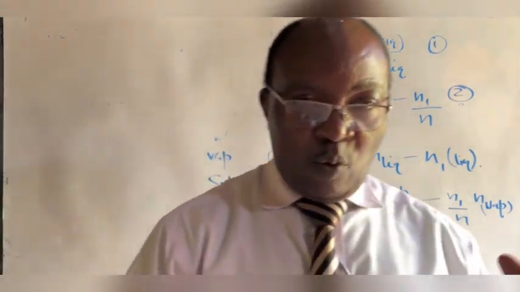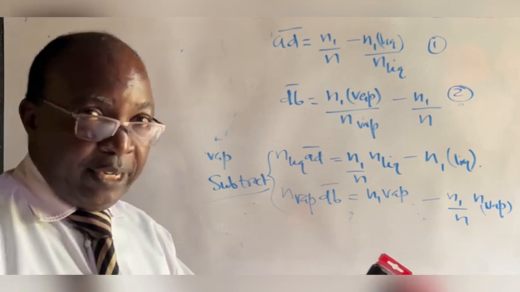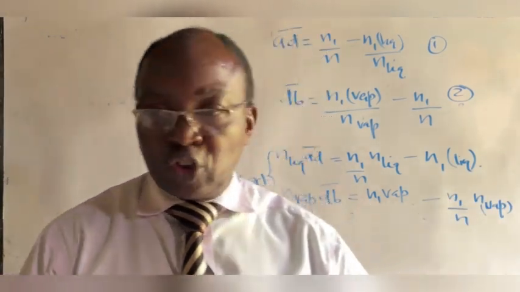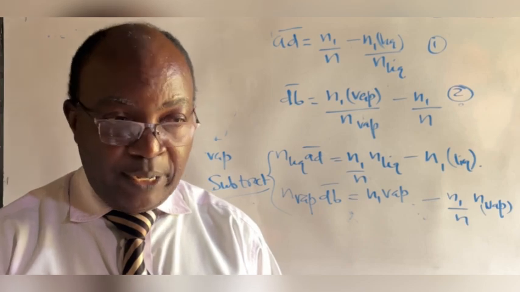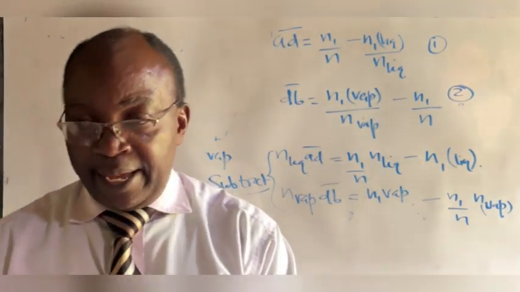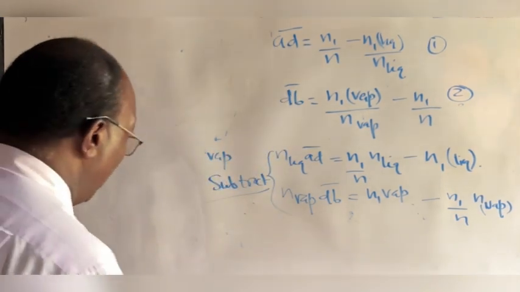But the key thing is, one, we must know the mole fraction of the liquid that has the liquid component. If it's component 1, the liquid divided by the total number of moles of the liquid. In the vapor, the component 1 in the vapor divided by the total number in the vapor, and so forth. Very important for us to note that.